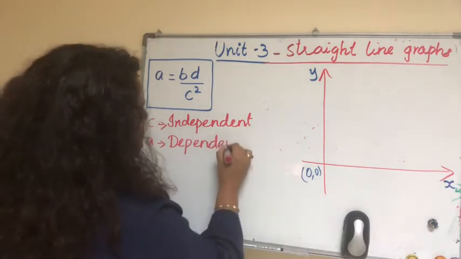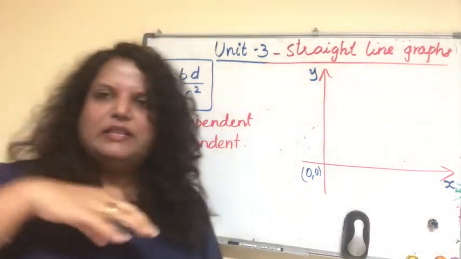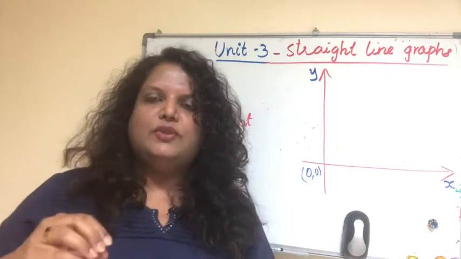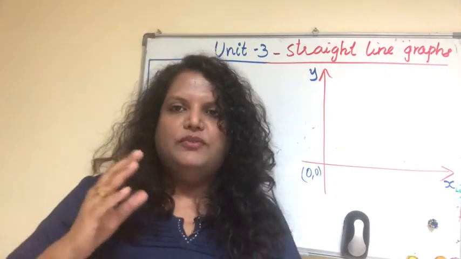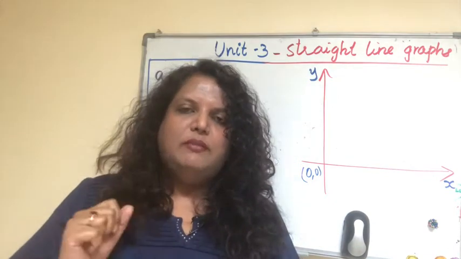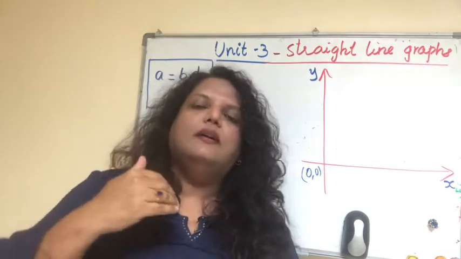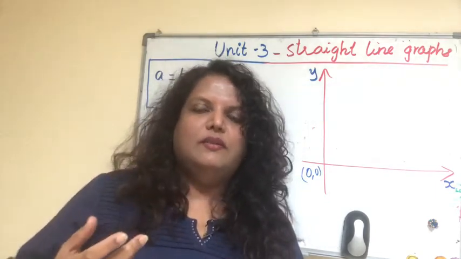After this, what do you do? In the previous one, I explained how to record readings and how many readings you should take. A minimum of 7 sets of readings you must take to plot a graph accurately. The reason is that you need at least 5 points to make a valid straight line or a curve graph.